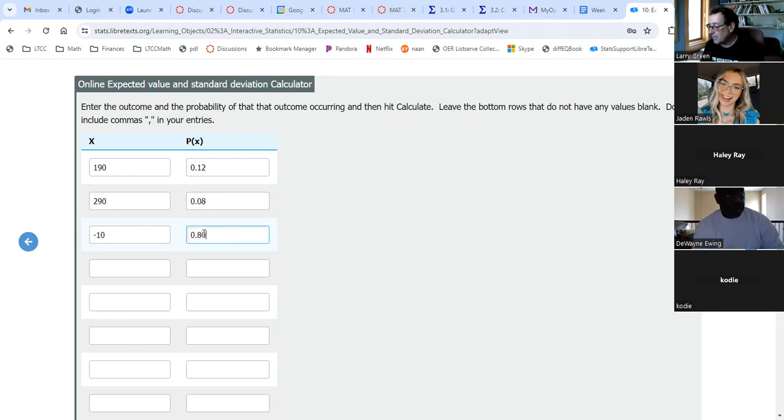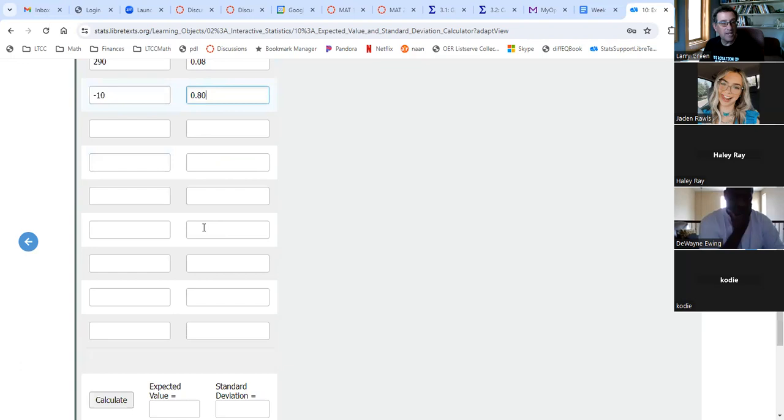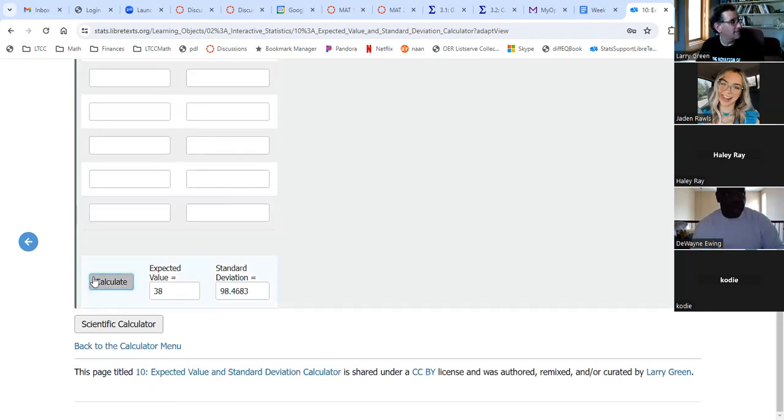Any questions at all on inputting our table into this table? Any questions? Okay, then we scroll down and we hit calculate. And it gives the expected value and it gives a standard deviation.